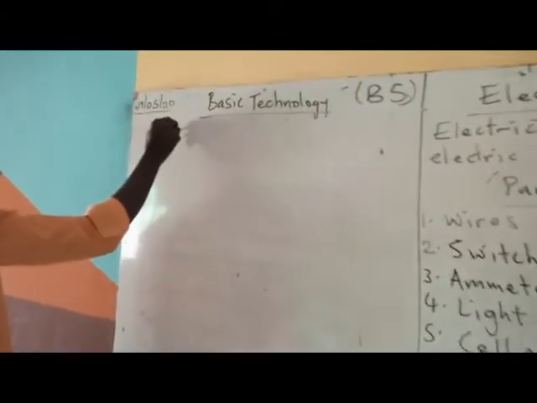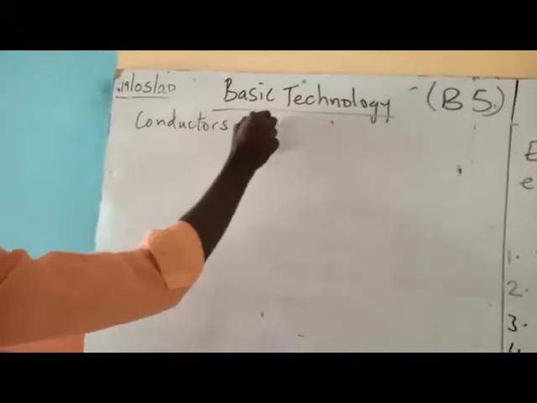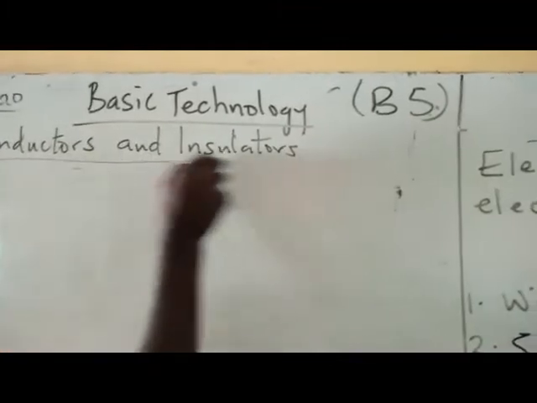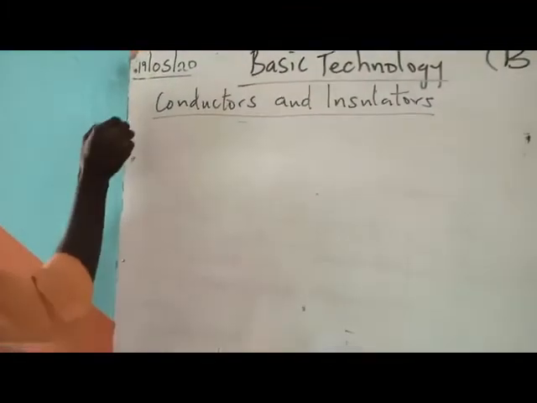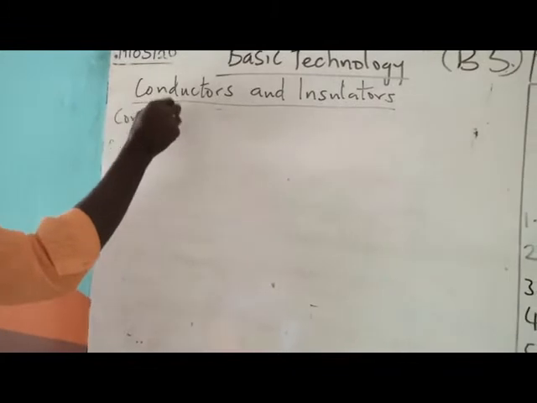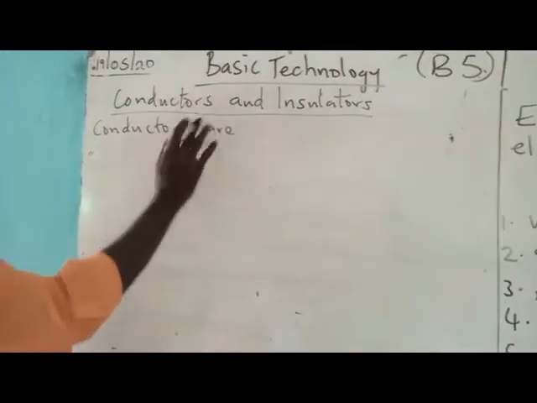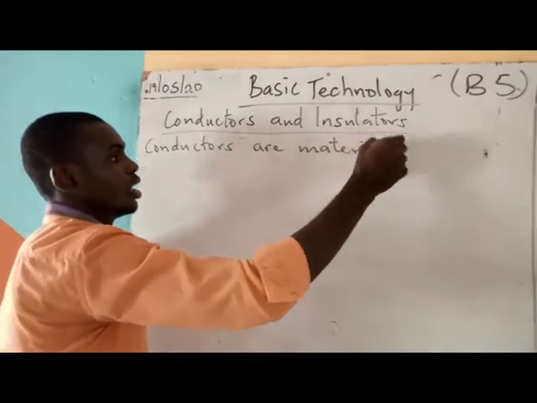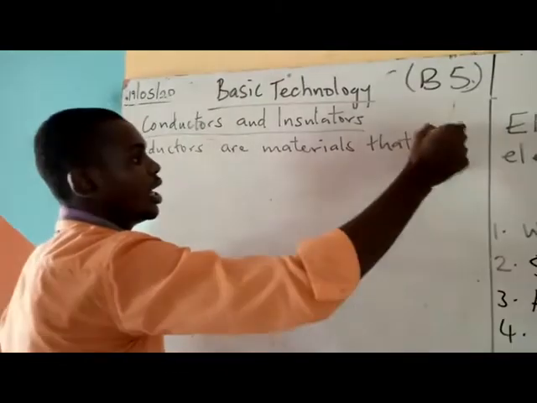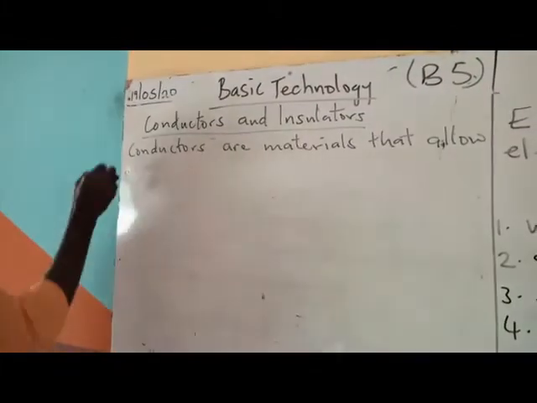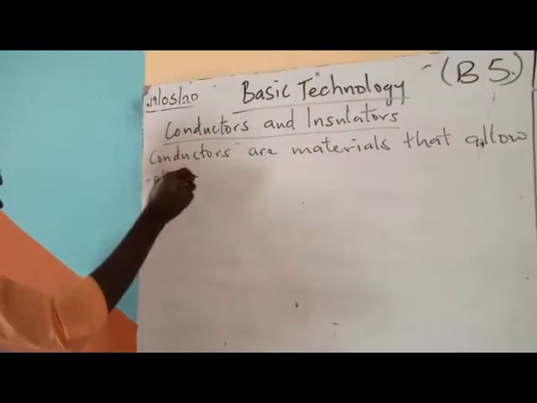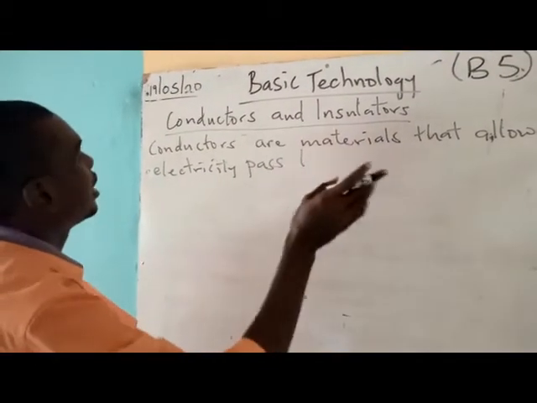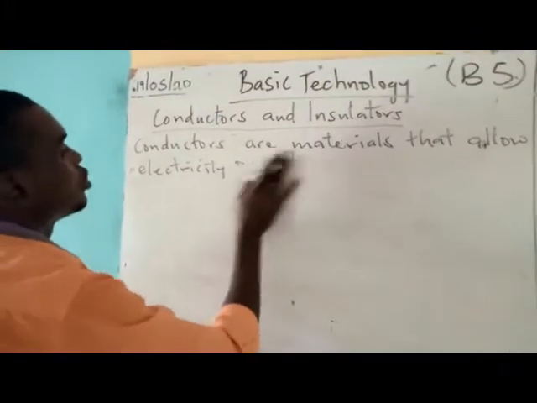Conductors and insulators. Now, conductors are materials that allow electricity to pass through them.